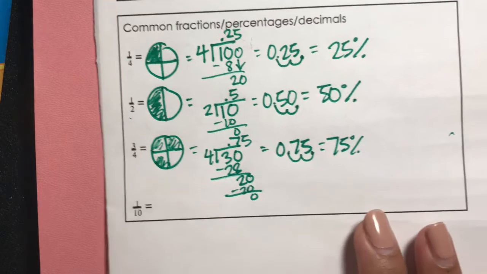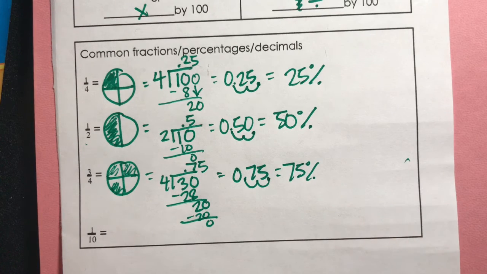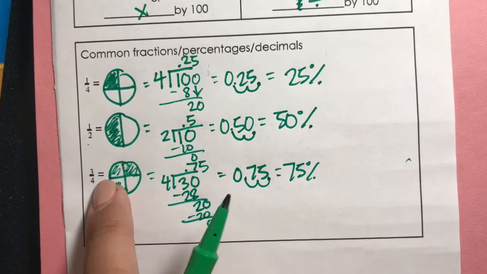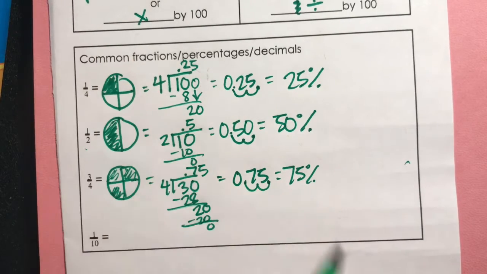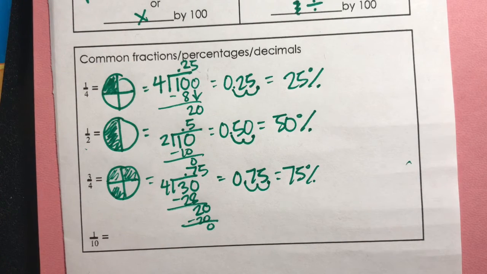Now, another way to think of this, and this is how I think of it whenever I'm baking: if I want 3/4 cup, I basically just take my 1/4 cup and multiply it 3 times. That's how I do it when I'm baking cookies or making a cake.